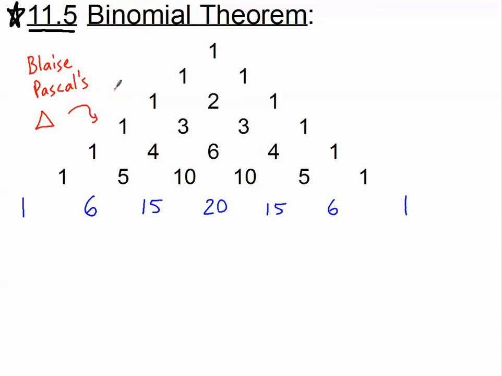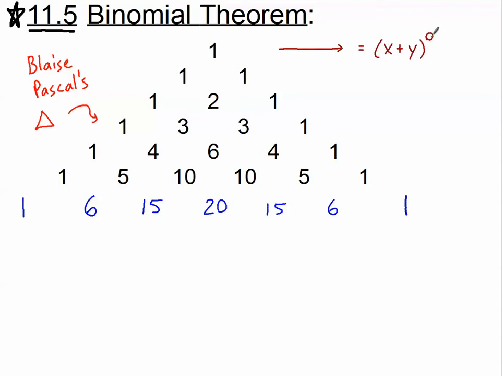And what this triangle represents is coefficients. This triangle is a bunch of coefficients of binomial expansion. For example, the first row, I'm going to try to do it over here, will equal the coefficient for expanding the binomial x plus y to the 0th power.